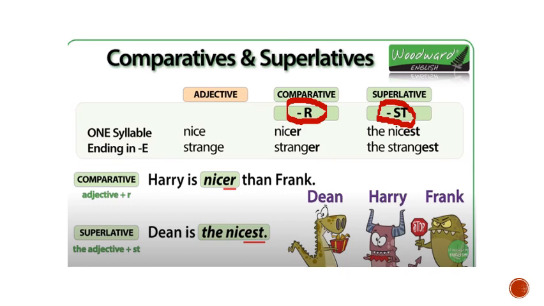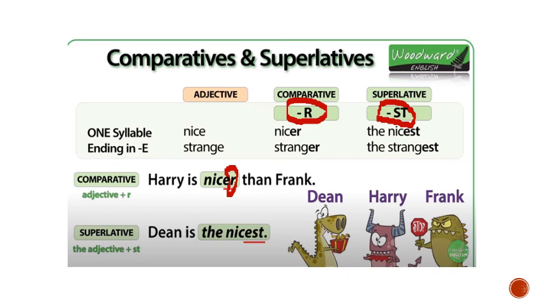The example, comparative, adjective plus r. Harry is nicer than Frank. Have a look here. We have the adjective nice. It ends in e, pra mbiemri nice mbaron me e, and in the comparative form we add only r. Dhe në shkallën krahasore ne shtojmë vetëm r.